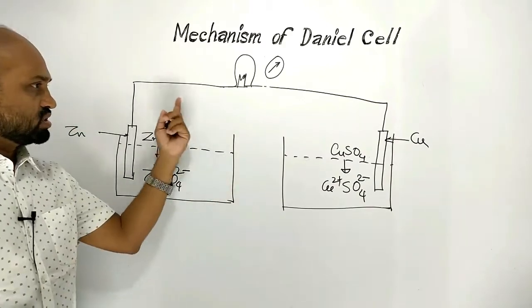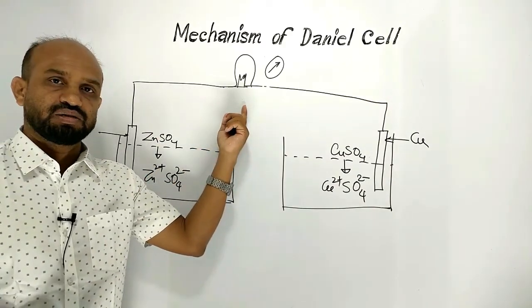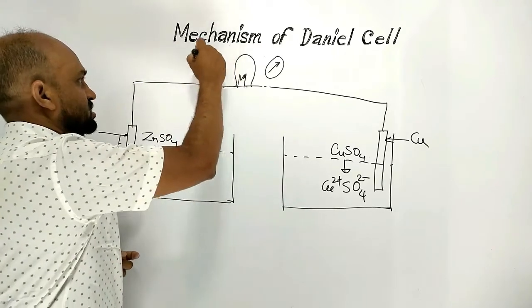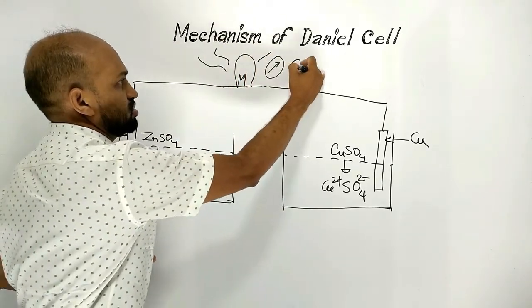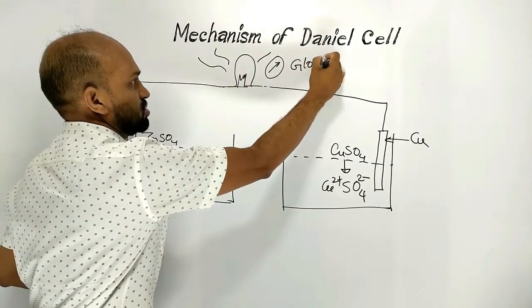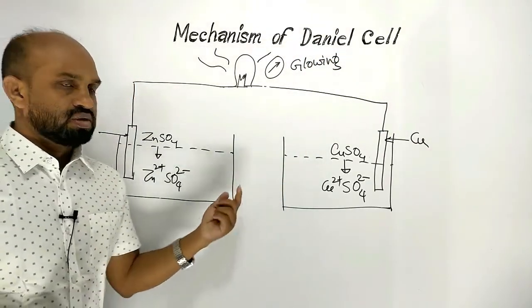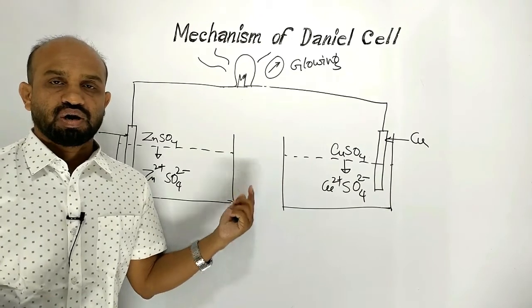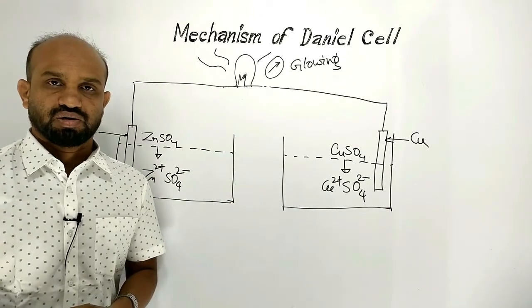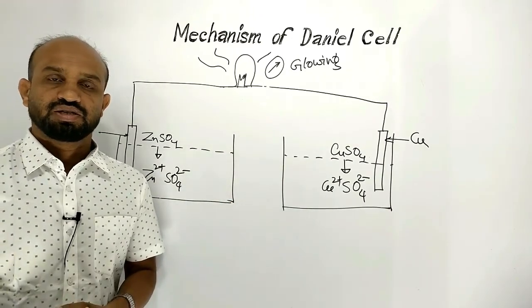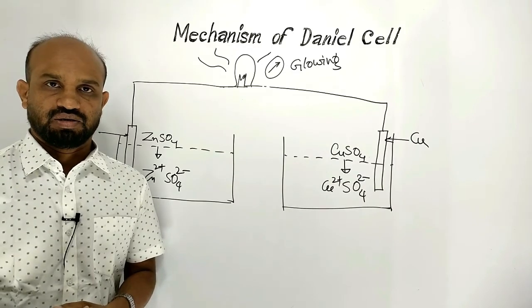When the circuit is completed, then this bulb glows. Now let's try to know how this bulb is glowing or how electricity is produced from this cell.